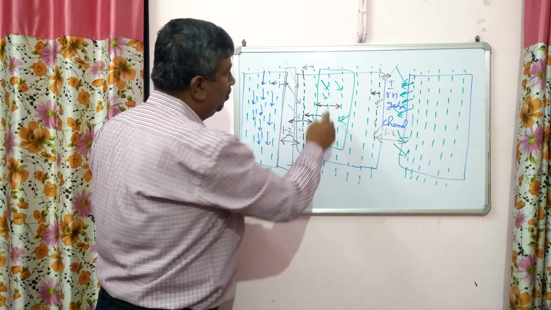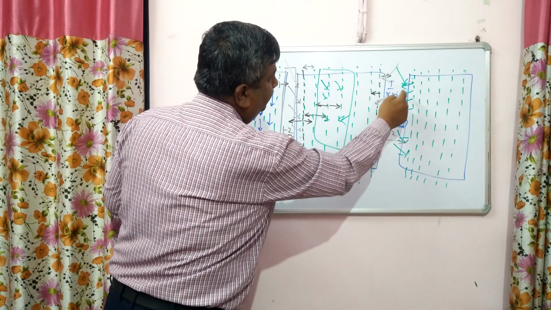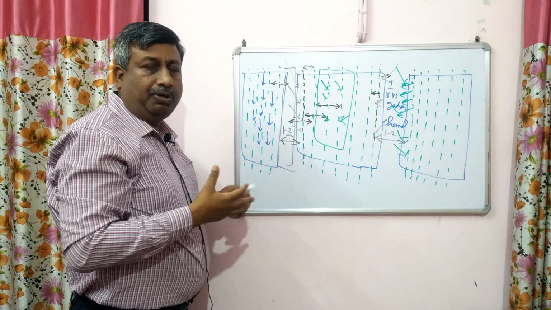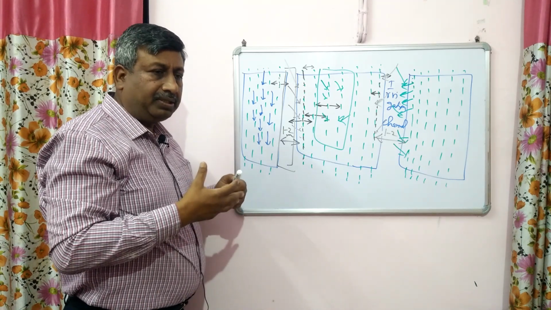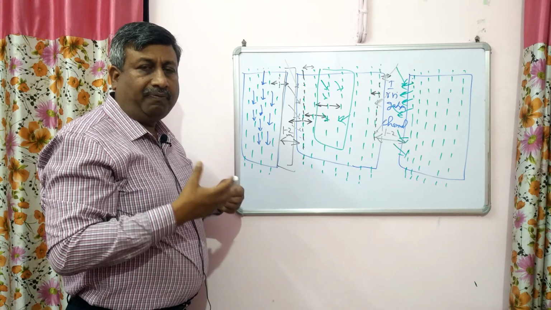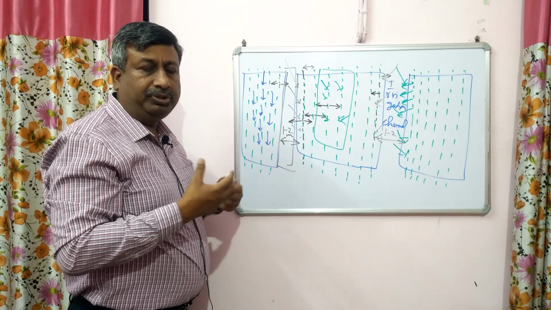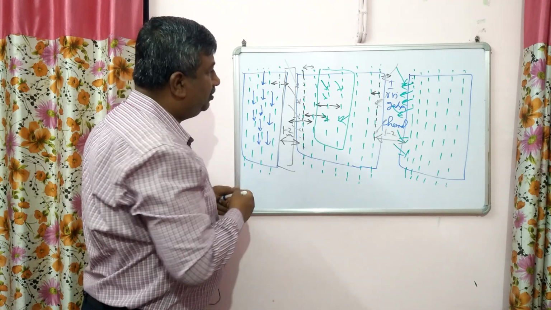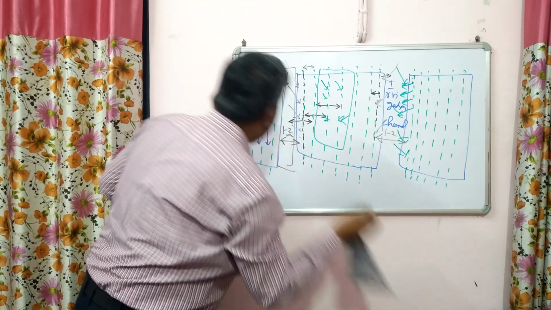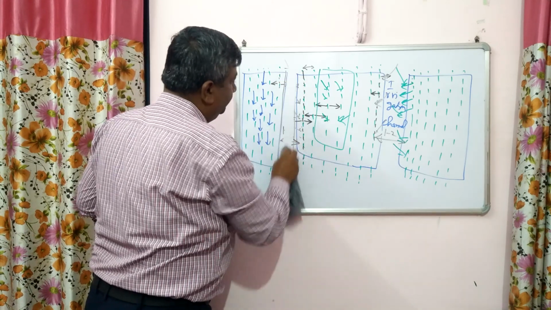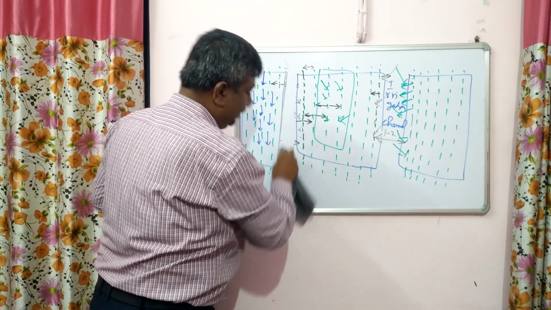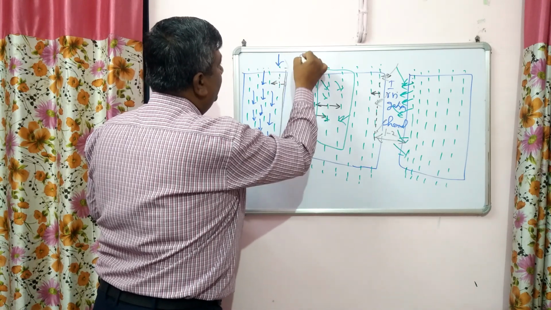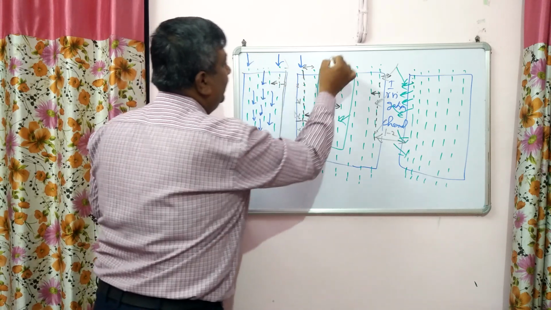While in case of border row, the plants are at border row here or these plants, they have proper supply of oxygen, proper air circulation, so means they have proper availability of oxygen and proper availability of CO2 for photosynthesis. That's why growth is more. So it means the plants which are at the border, these plant, I'm indicating border plant, this plant here I'm indicating by arrow.